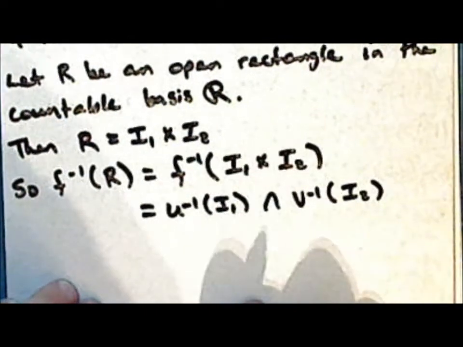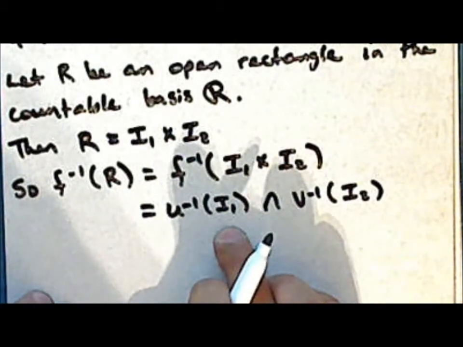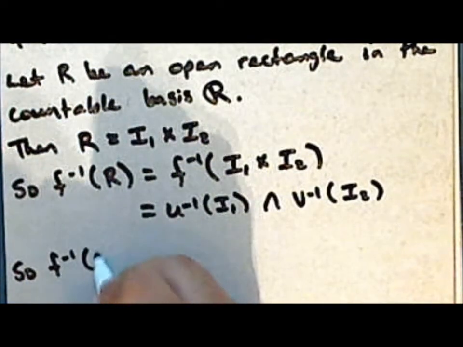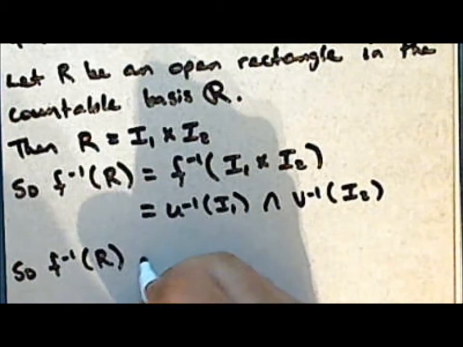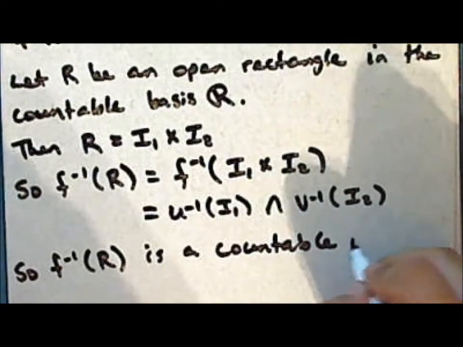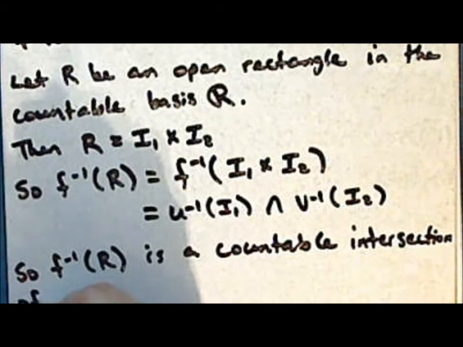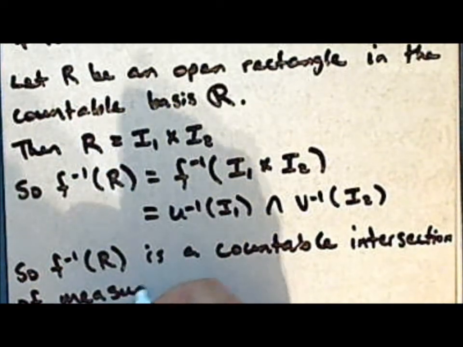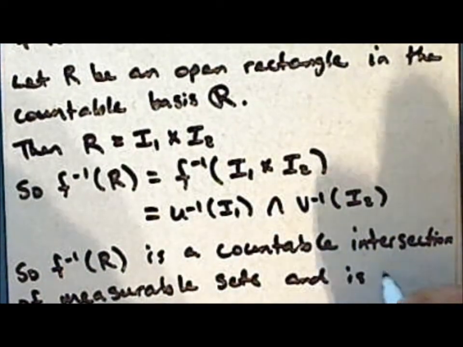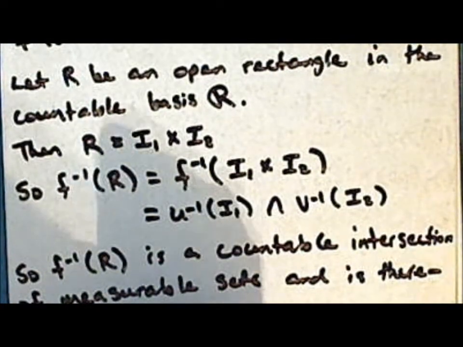Again, U and V are measurable functions, so the inverse image of an open set in the real line is a measurable set, and so the inverse image of a rectangle in the plane is a finite intersection of measurable sets, and is therefore measurable.